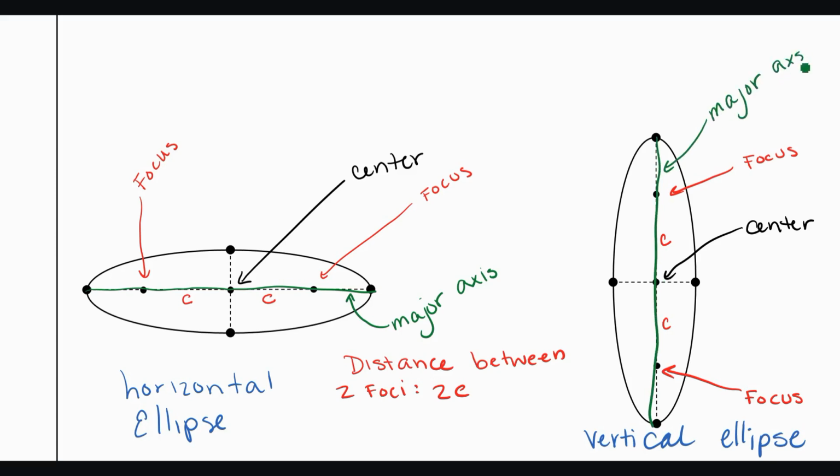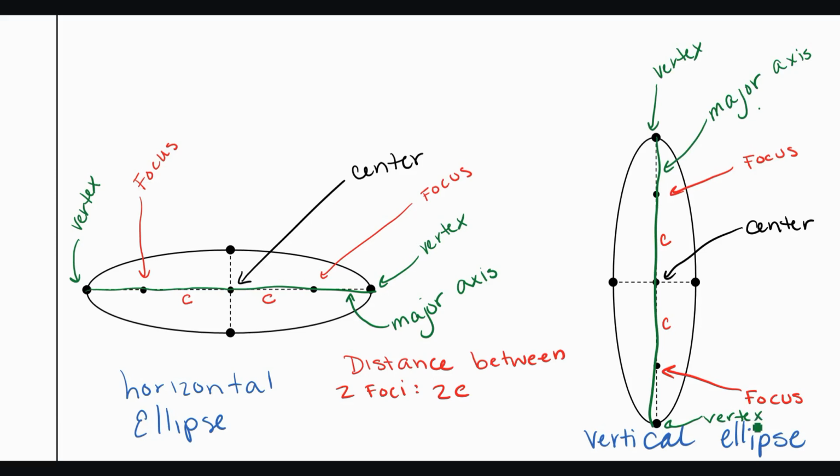I know we've got a lot of terms here. The endpoints of our major axis are called our vertices. Each one is a vertex. So this is a vertex, and this is a vertex, this is a vertex, and this is a vertex. The endpoints of our major axis are our vertices.